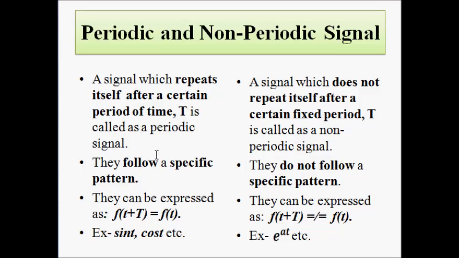So basically they follow a specific pattern, and that pattern is repeated after the time period T. It follows the expression f of t plus capital T is equal to f of t. So as you can see, the function will repeat itself after a certain fixed period of time, which is called the period of the signal, denoted by capital T.